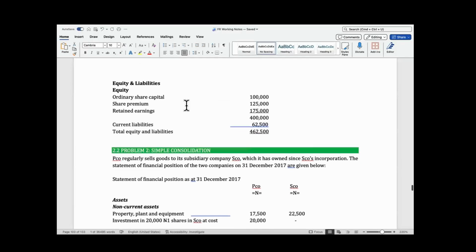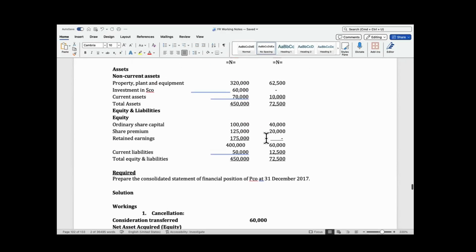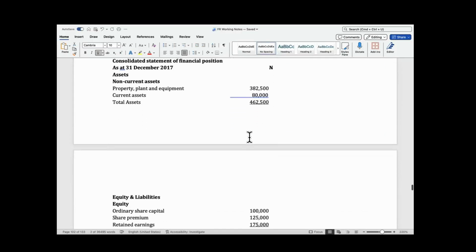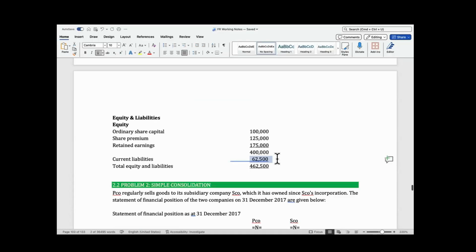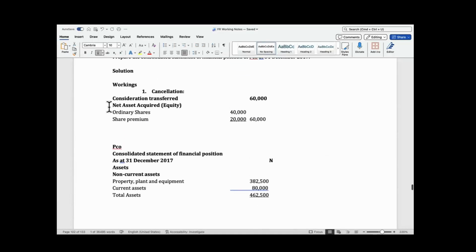So we only consolidated the parent. We have cancelled out the subsidiary. These retained earnings are just the parent's alone because the subsidiary does not have any. The current liabilities is the addition of the two, 62,500. Very straightforward. It's just cancellation.